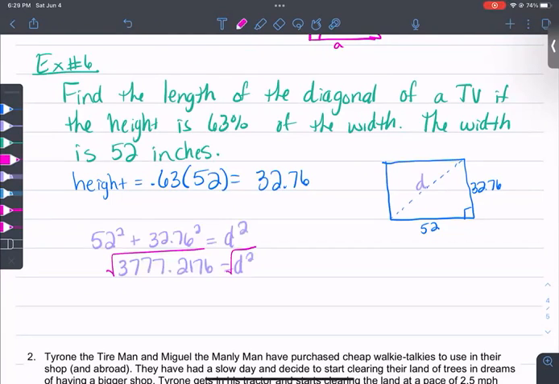And then square rooting both sides gives a diagonal of 61.5 inches, which is the size of the TV that would be advertised. When they advertise the inch value of a TV, they're talking about the length of the diagonal.